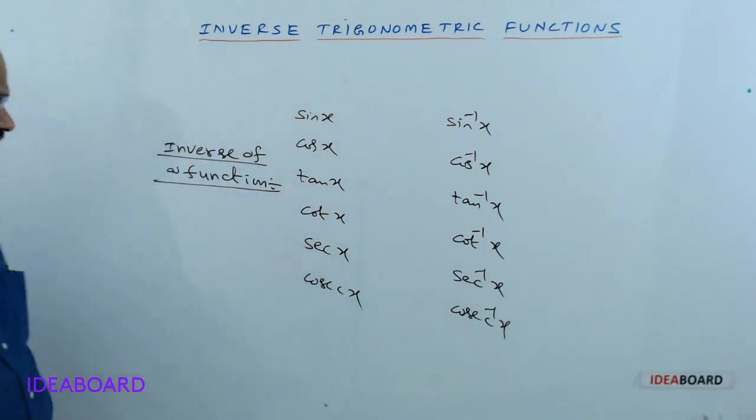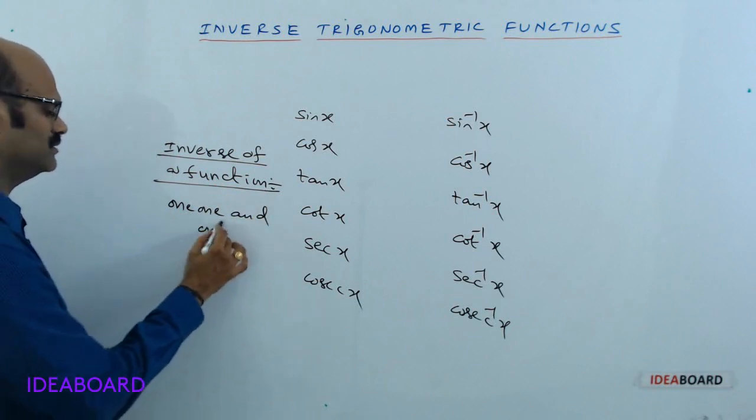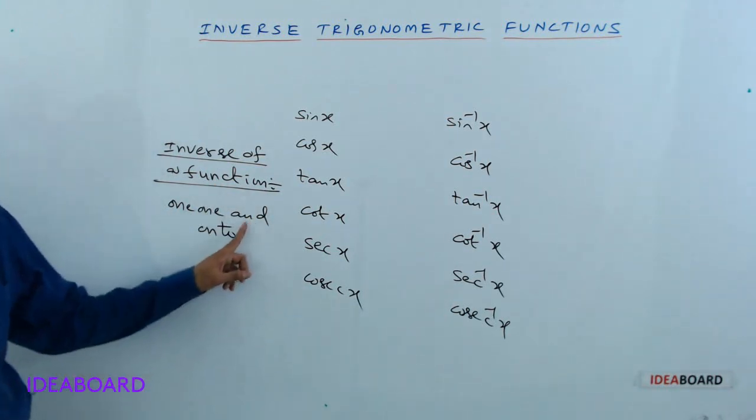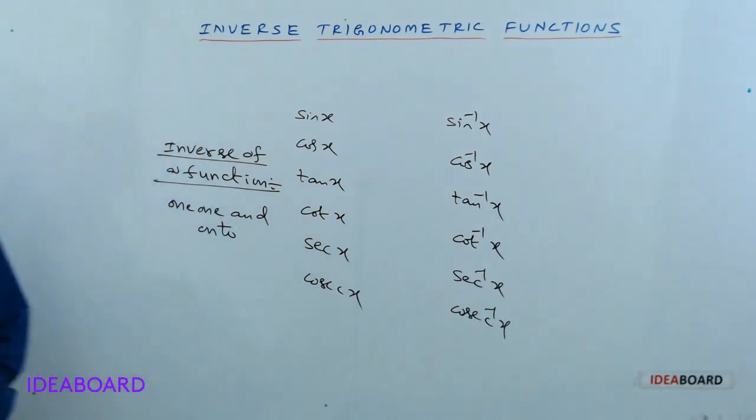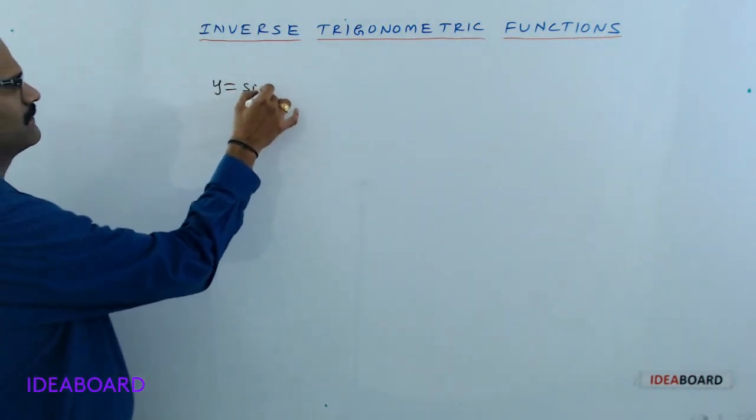If the given function is one-one and onto, then only the inverse of the function exists. Let me take the function y equal to sin x.